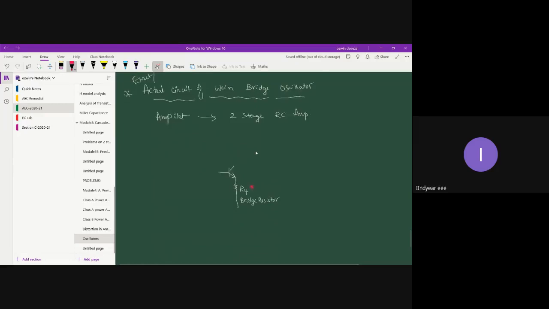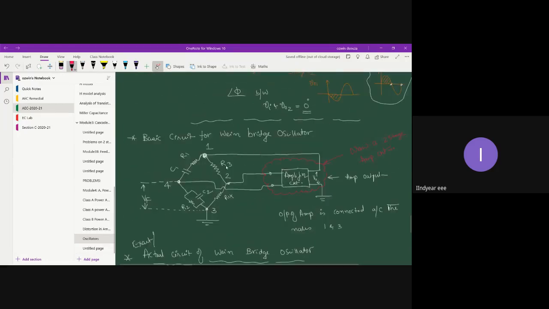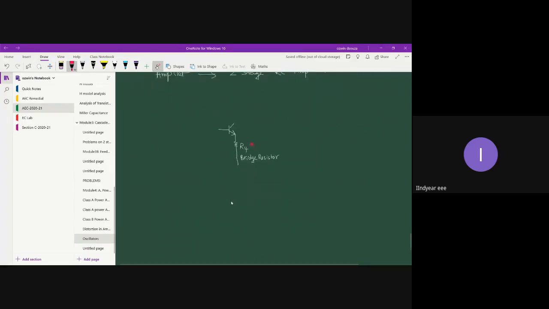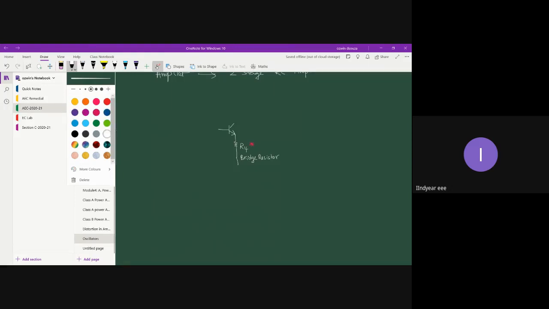I'll color it pink, and let us put that particular symbol over here also. So one arm of the bridge itself serves as the emitter resistor. And this resistor is a non-linear resistor which will help you in tuning the waveform to a sinusoidal value. And the rest all remains the same.